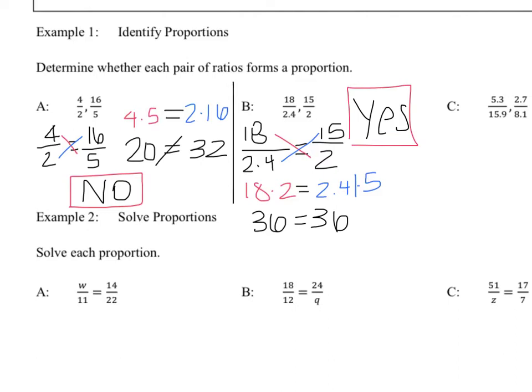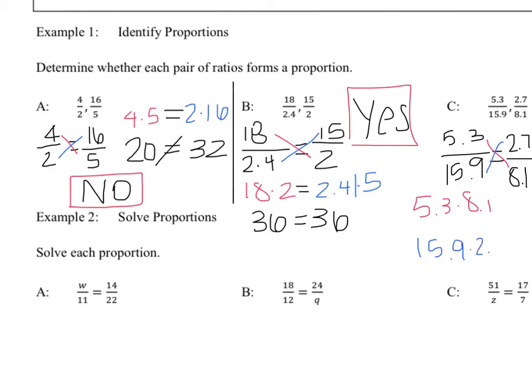So C, again, the same idea. Do 5.3 over 15.9, set it equal to 2.7 over 8.1, cross multiply. So 5.3 times 8.1 and 15.9, oops, I'm running out of space, I'll do it down here, 15.9 times 2.7. Well, 5.3 times 8.1 equals 42.93.